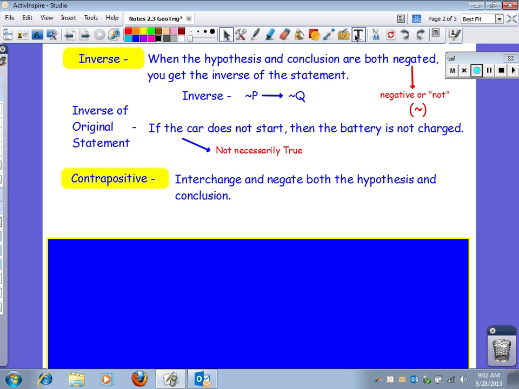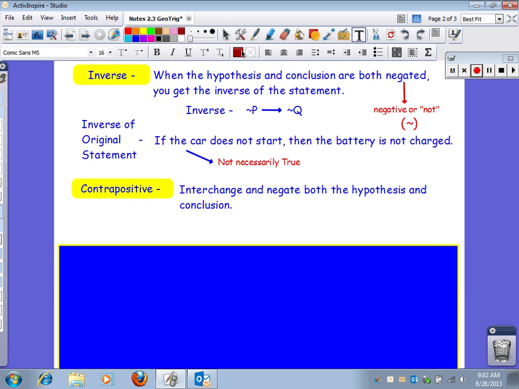And then let me add something here. In parentheses, you flip the statement and make it negative. So you have to do both. You basically combine the converse with the inverse and you get the contrapositive.